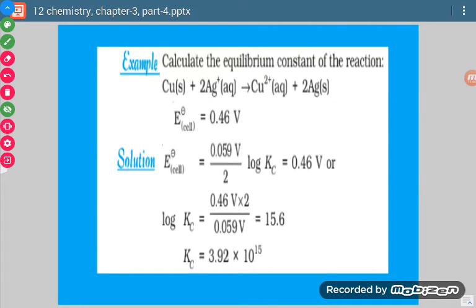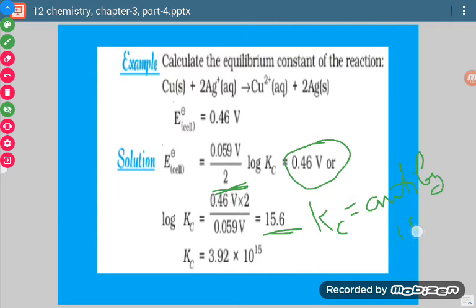Now n value is 2, number of electrons cancelled are 2, and E naught cell value is also given this much, so log Kc is equal to 15.6. So Kc will be equal to antilog of 15.6. Now when we determine the antilog value from the antilog table, then Kc value will be equal to 3.92 into 10 raised to power 15.